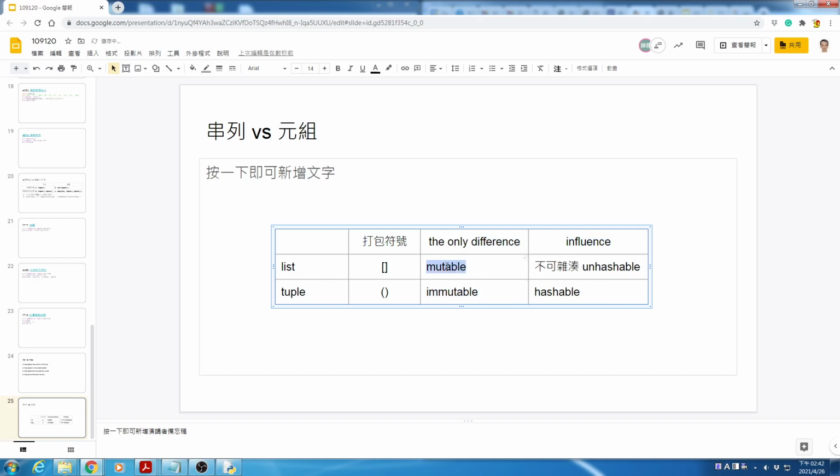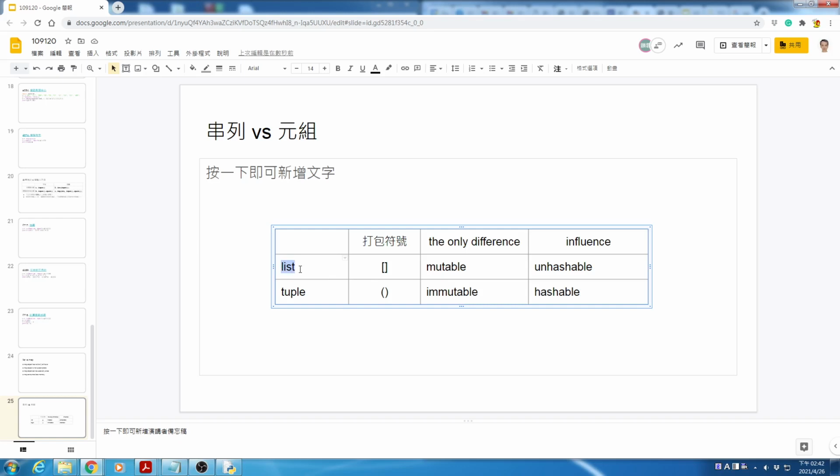When it is mutable, it means it is unhashable. And whenever you need to use something that is hashable, you cannot use a list in that place.